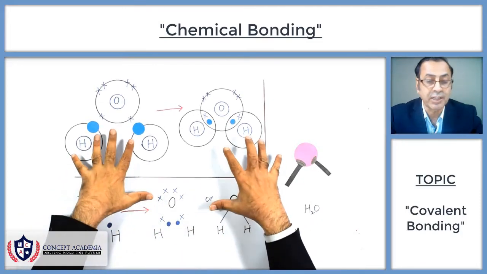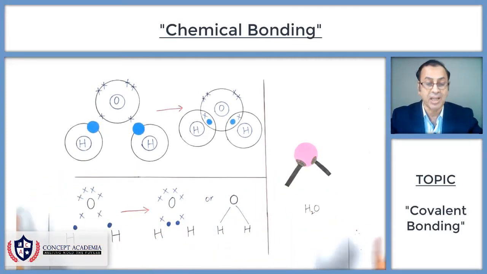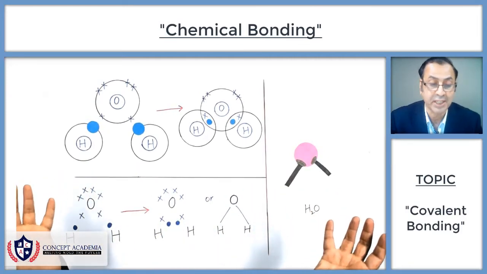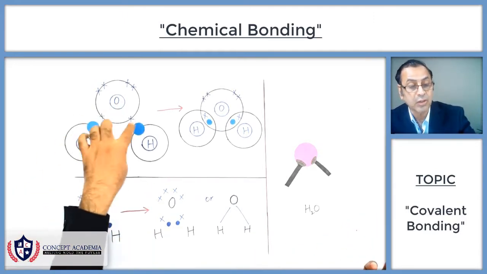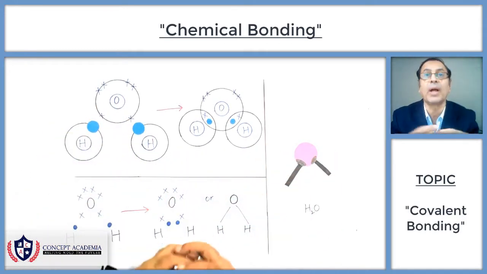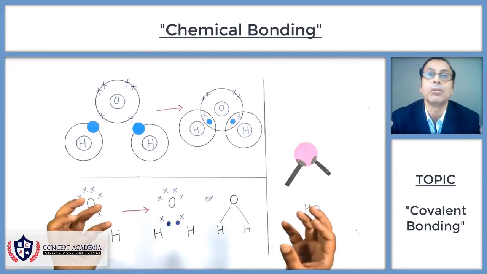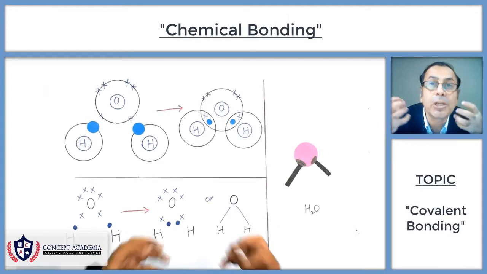In the case of covalent bonding, I'm just comparing so that you get the last bit of clarity about ionic and covalent bonding. In covalent bonding, there are atoms and there is a sharing of electrons, not a complete transference of electrons. So when the atoms join, we get a molecule. So in covalent bonding, molecules are formed.